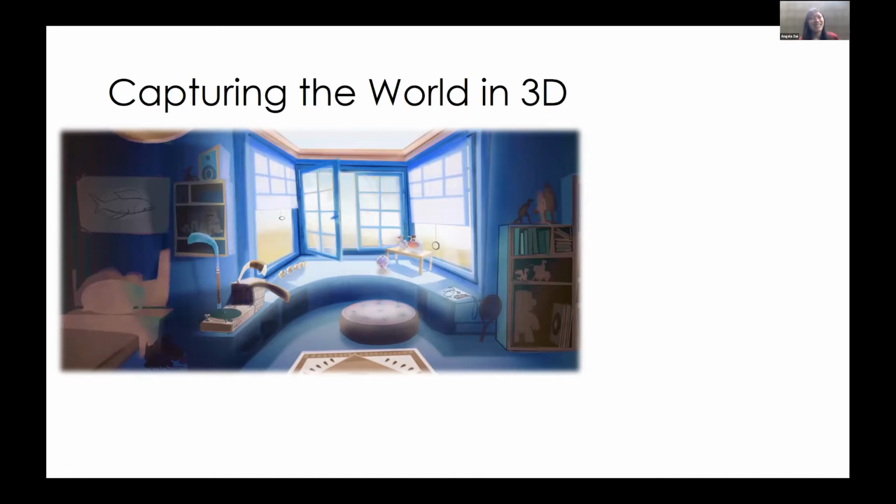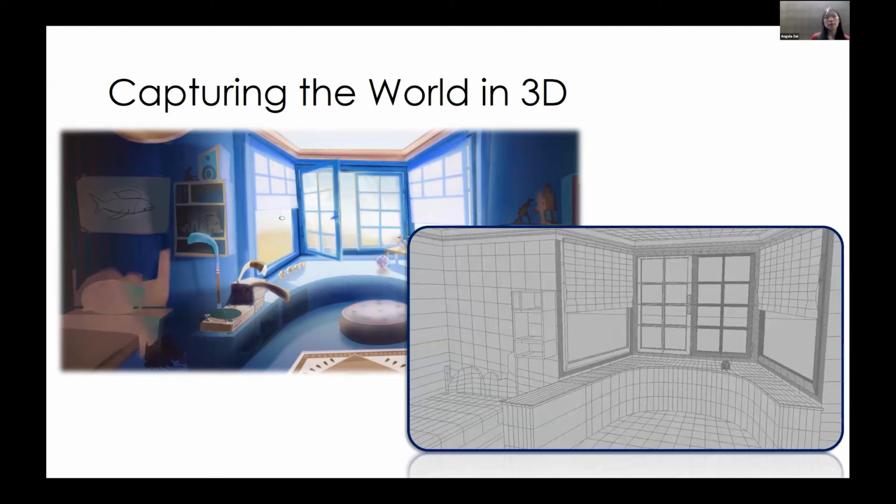What I'm interested in is capturing geometric material models of these kinds of real world environments around us with just commodity sensors. So a cell phone camera, maybe an iPhone with LiDAR, and being able to understand the structures of the objects and how they're being organized in a scene.